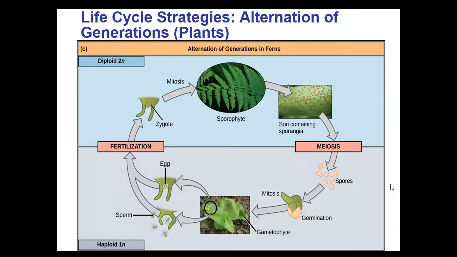And the little tiny adult plant in that pollen grain will produce sperm, gametes, and the ovule that stays in the flower will produce eggs, and the sperm from the pollen grain will fertilize the eggs in the ovule and form a fertilized egg, and that will become a seed.